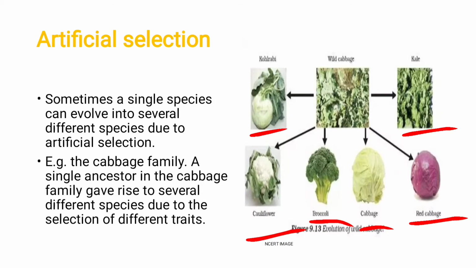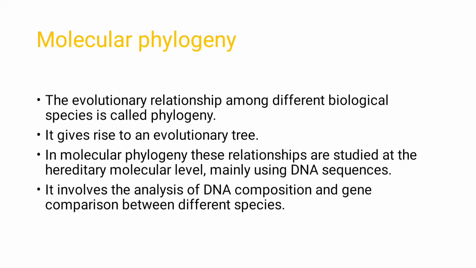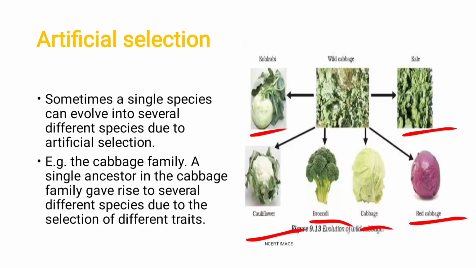Then what is molecular phylogeny? The evolutionary relationship among different biological species is called phylogeny. We have seen this cabbage example. We can see there is a relationship between all these cabbage plants and the wild cabbage plant.